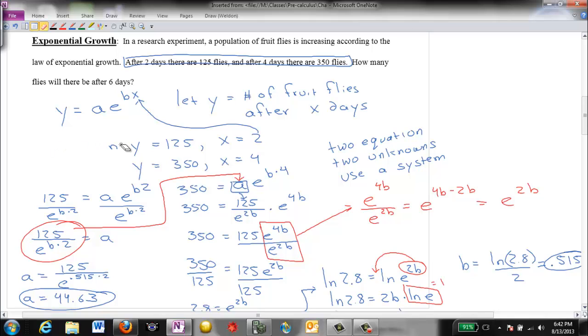So I'm just going to clear some room here. And I know now that we have y equals, I know that A is 44.63 times e, and I know that B is 0.515.